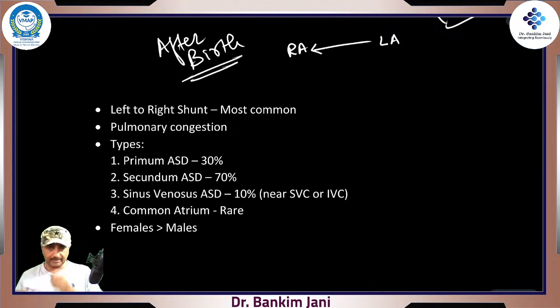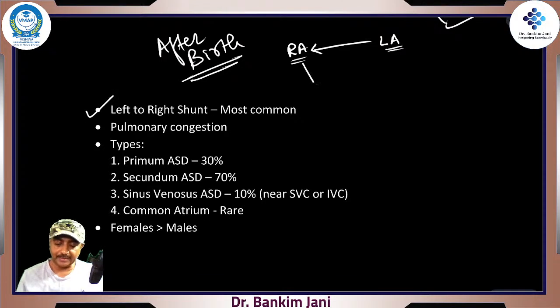As the lungs open up, the pressure inside the right atrium and right ventricle drops, and the normal circulation of left atrium to left ventricle to aorta starts. So left atrial pressure is more than right atrial pressure, so blood is pushed in a left to right shunt, and this is the most common thing, right?